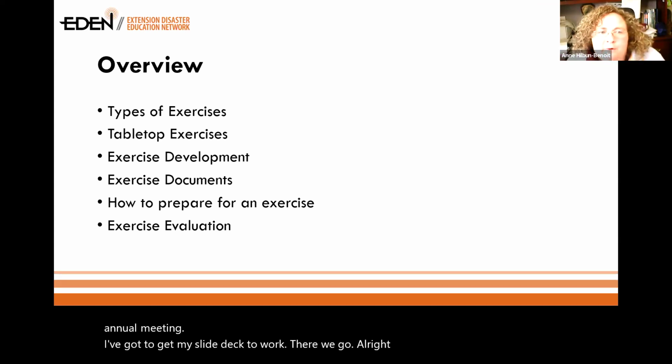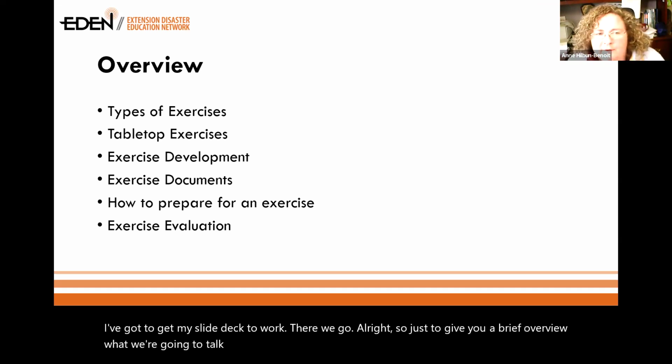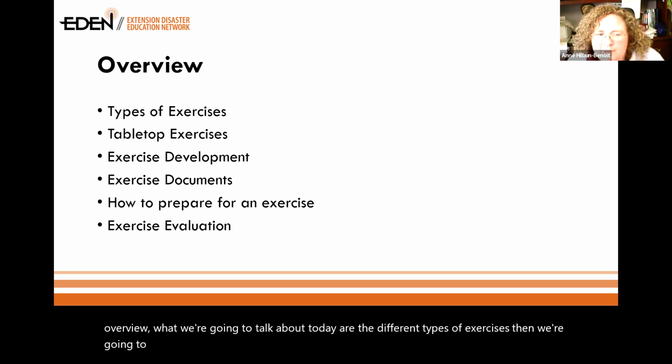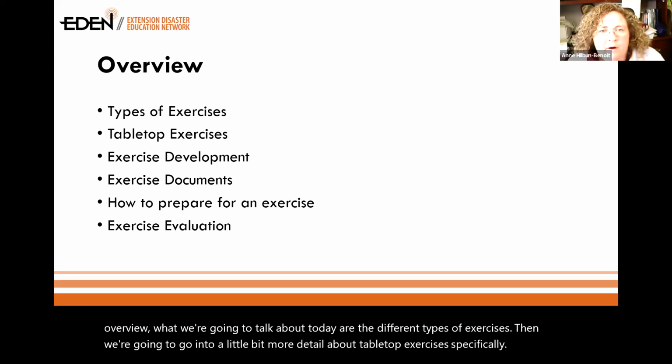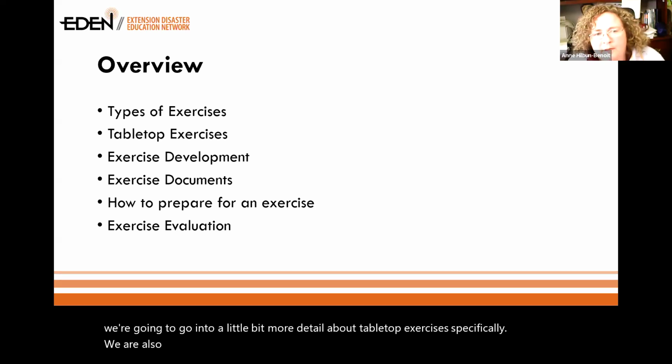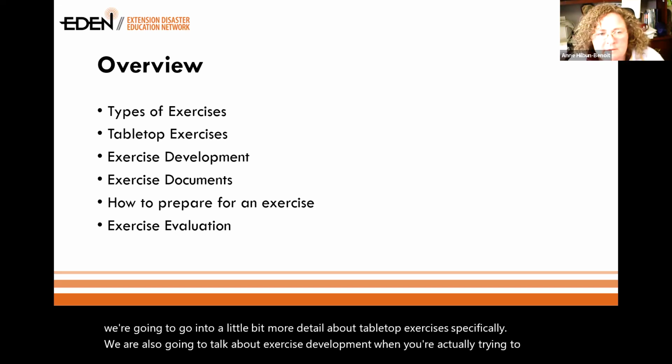So just to give you a brief overview, what we're going to talk about today are the different types of exercises. Then we're going to go into a little bit more detail about tabletop exercises specifically. We are also going to talk about exercise development when you're actually trying to develop these things.